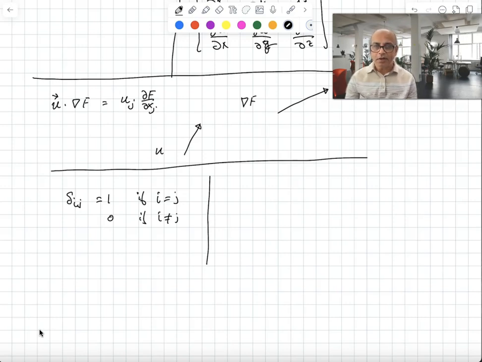If you write it as a matrix, it will be a diagonal matrix. We know this one. Now I'll go to another one, epsilon_ijk.